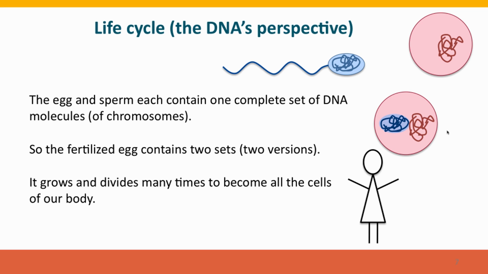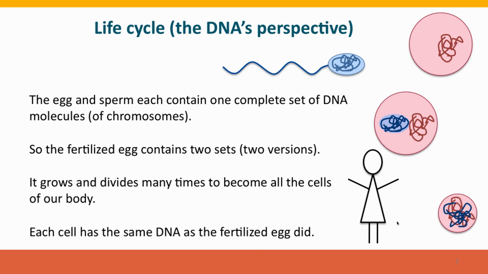Individuals develop because the fertilized egg undergoes many, many cycles of growth and cell division, producing all of the cells in our body. And most importantly, from a genetic perspective, all the cells in our body, for instance, every cell in our arm, contain the same two sets of genes that were in the original egg and sperm.